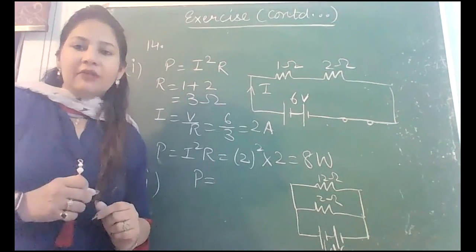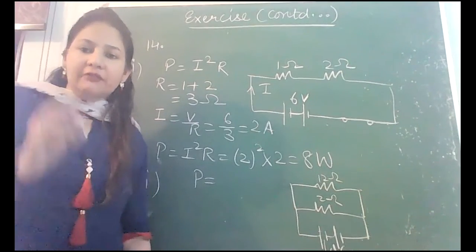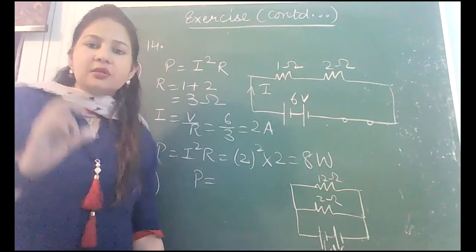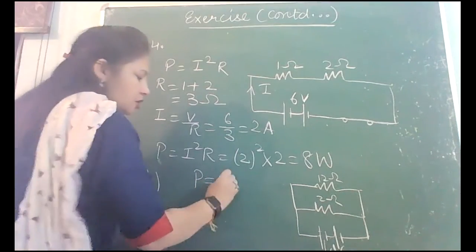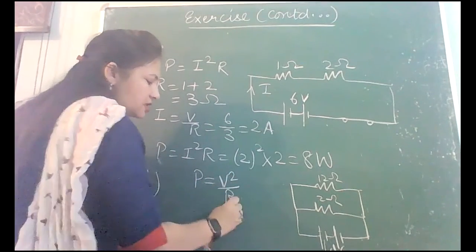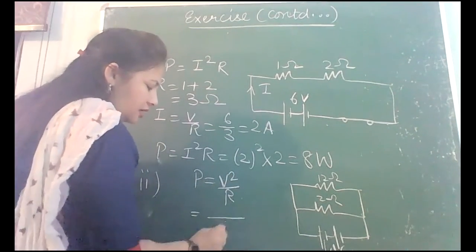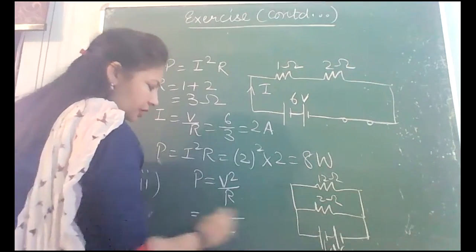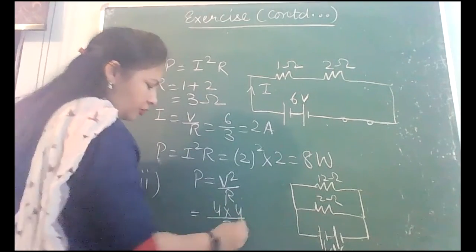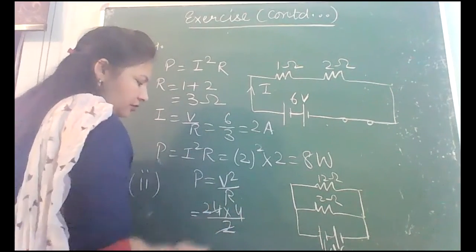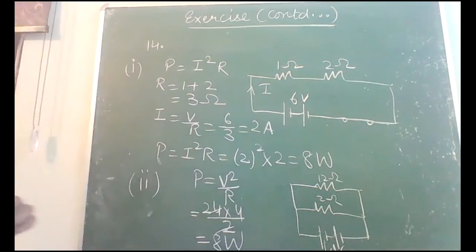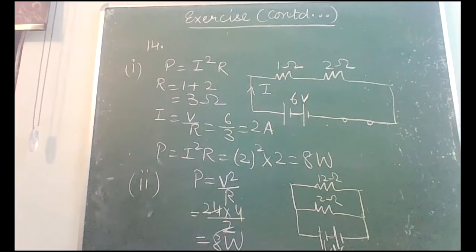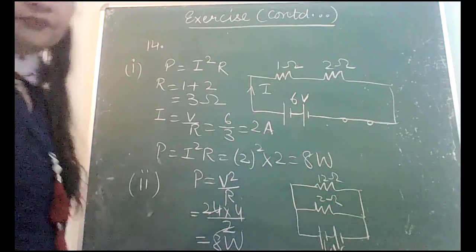But when we are given a parallel combination, then it is convenient to use P is equal to V square over R, because the potential difference is the same. So using P is equal to V square over R for the 2 ohm resistor, resistance is 2 and potential difference is 4. 4 into 4 is 16, divided by 2, 8 watt again. So in this case also the power consumed by the 2 ohm resistance is 8 watt.